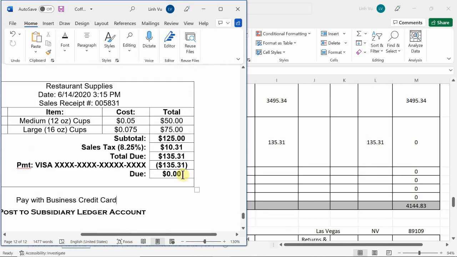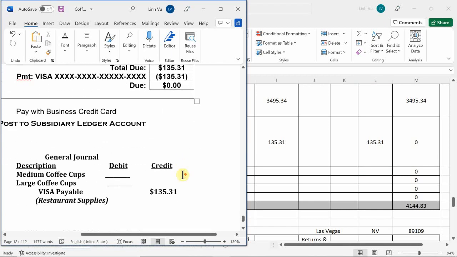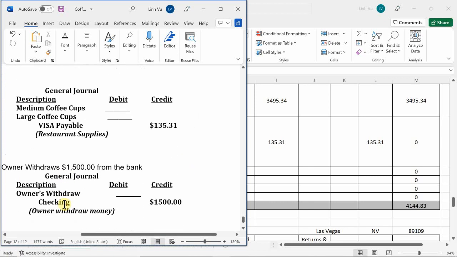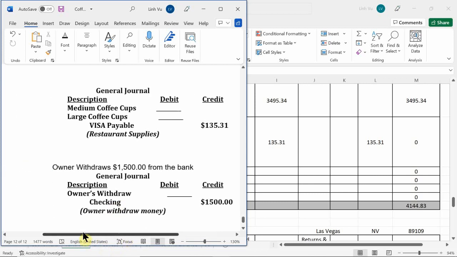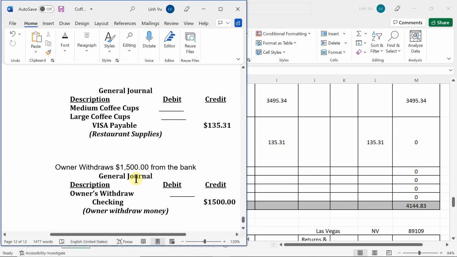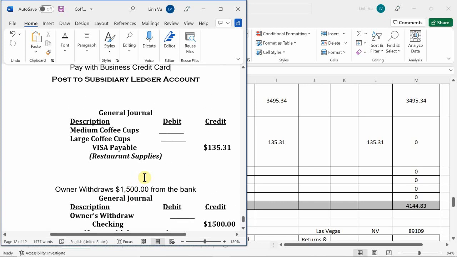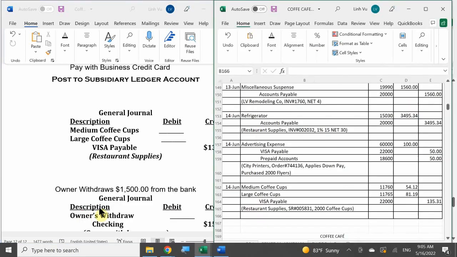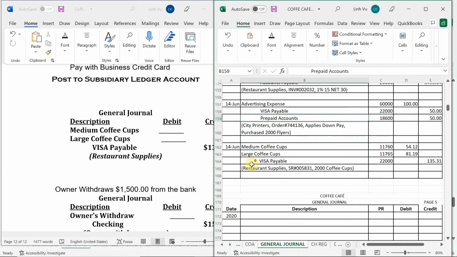So now that I finished buying my supplies, here's the last transaction. The owner decides to withdraw from the company, and took $1,500 from the bank. Okay? So what did Bob do here?